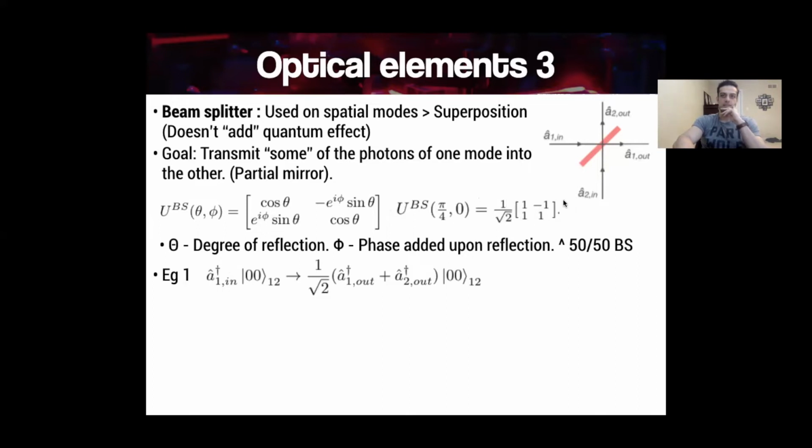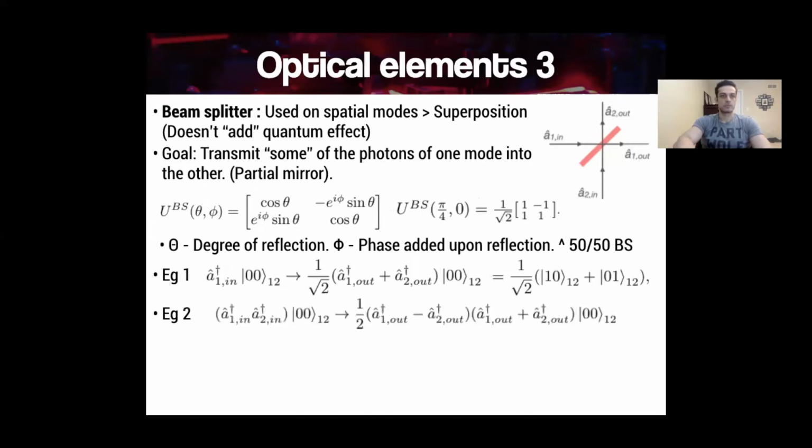This would be, as a vector, 1, 0, being acted upon by this matrix, and it gives us back these terms here. So we have one creation operator on the first mode, one on the second mode, with a normalization constraint, and then we get back this superposition state. It's very nice. And now we can do a second example.